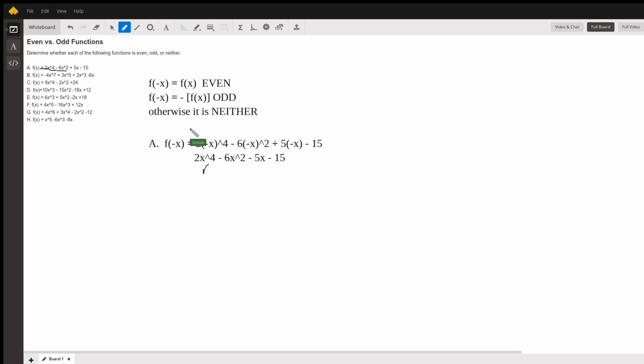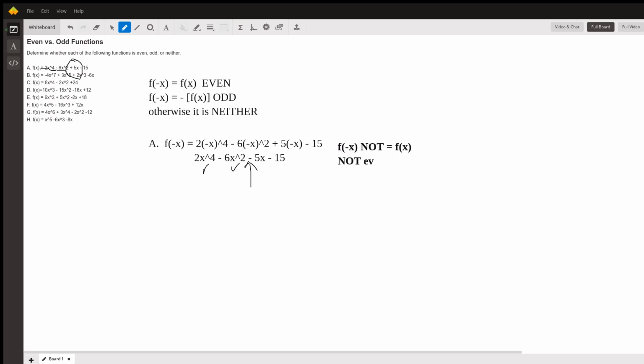Minus 6x squared, this is the same. But this one changed sign. That one is positive and this one is negative. And so this does not equal. So f of negative x does not equal f of x.